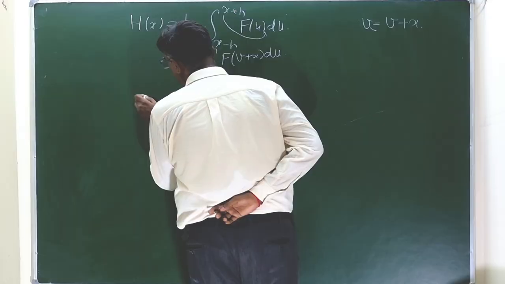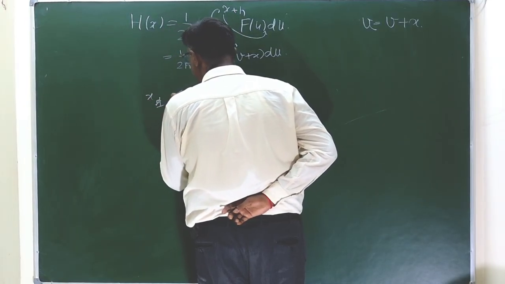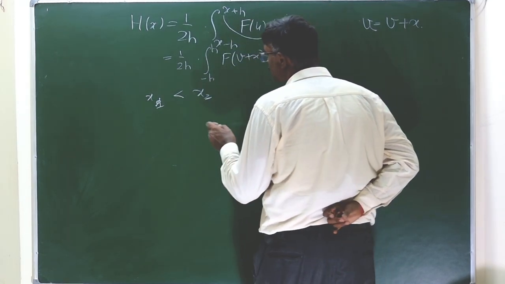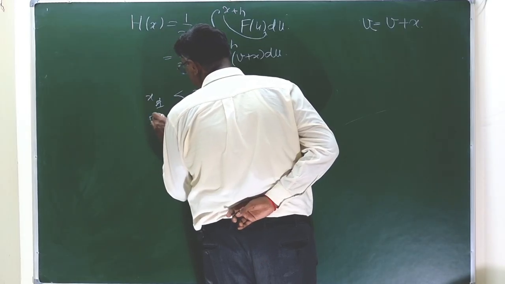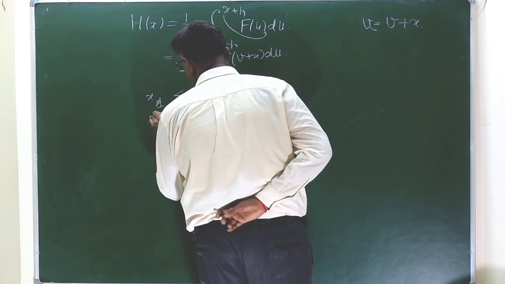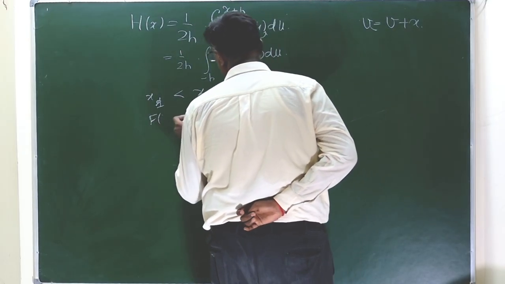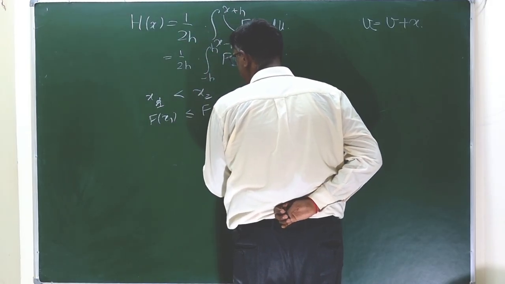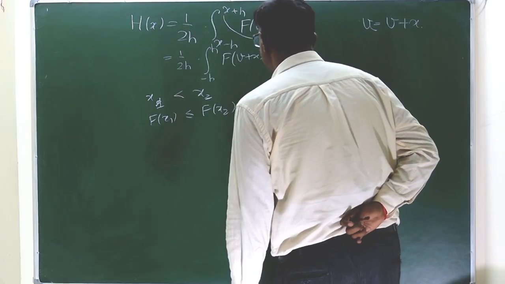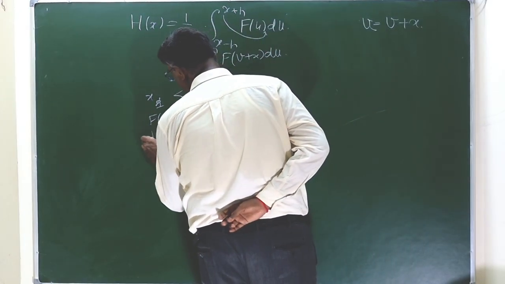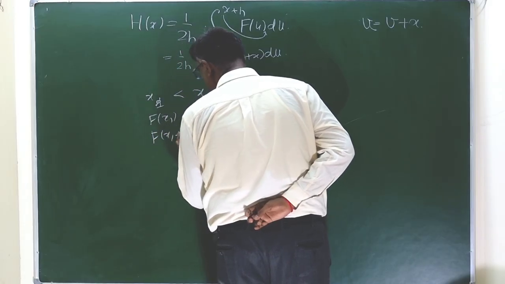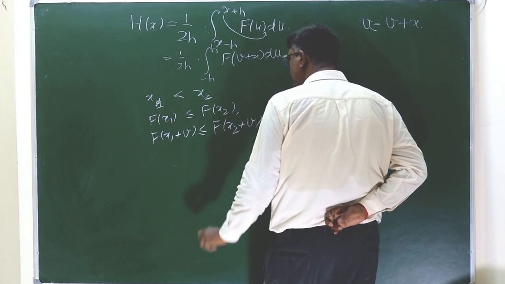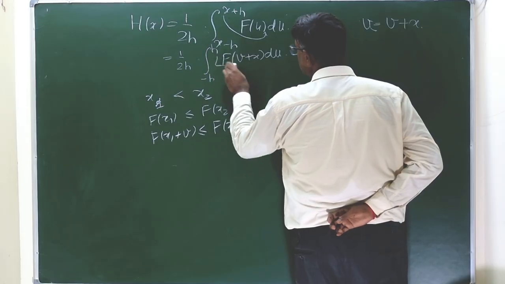Now to establish the non-decreasing property, let's suppose x1 is less than or equal to x2. So f of x1 will be less than or equal to f of x2, and we can also add our constant v here, so f of x1 plus v is less than or equal to f of x2 plus v. So we brought this term here.